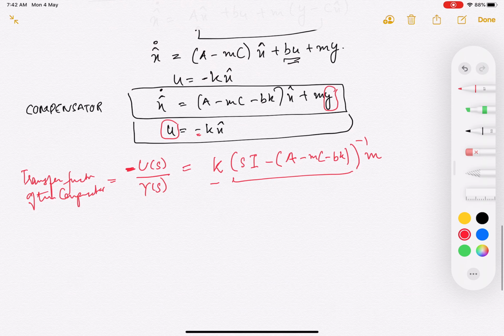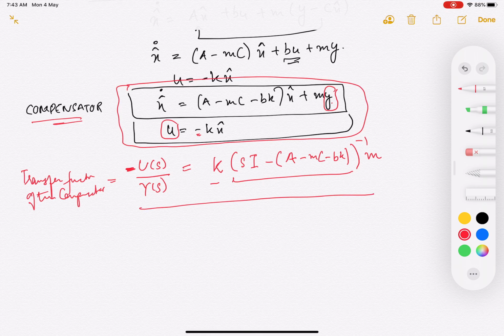And consequently, the compensator that you get would have this state space representation. Y would be the input to the compensator, U would be the output from the compensator, which is the control law, and the transfer function of the compensator can be written like this.